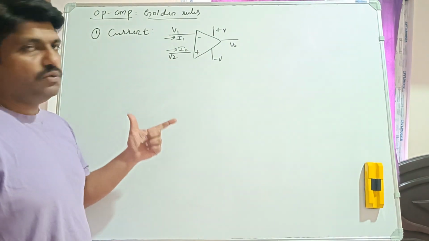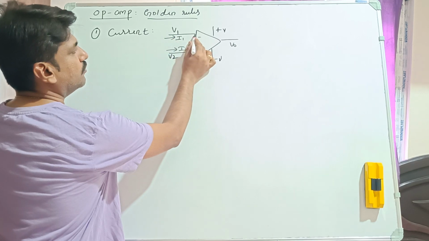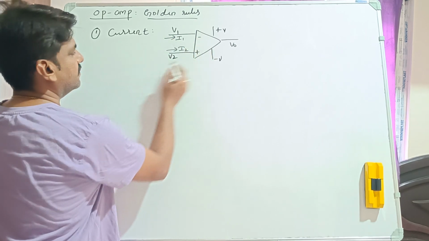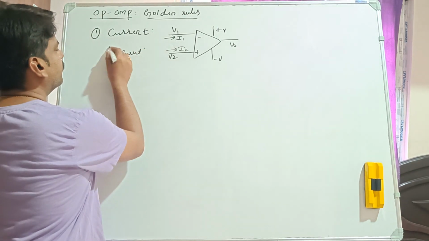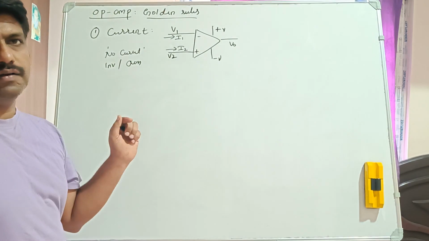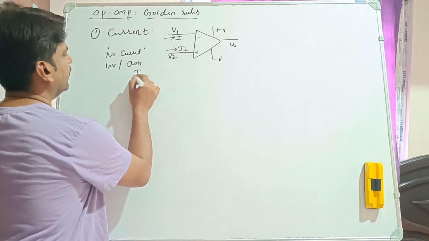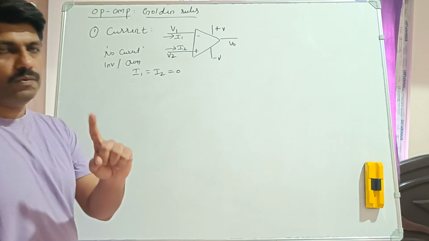So the golden rule is, there is no current which is going to be drawn with respect to this terminal and this terminal. So no current will flow into the inverting as well as the non-inverting terminal, right? So we can call I1 and I2 values as 0. That is the first rule.